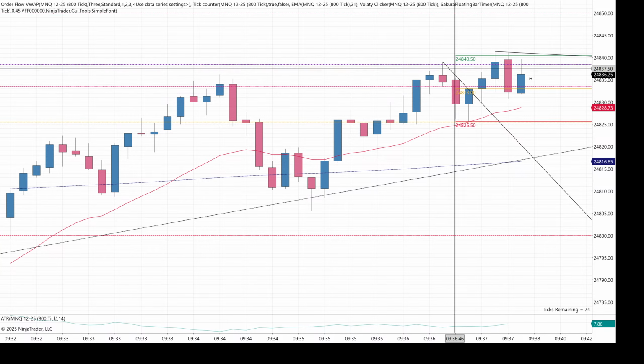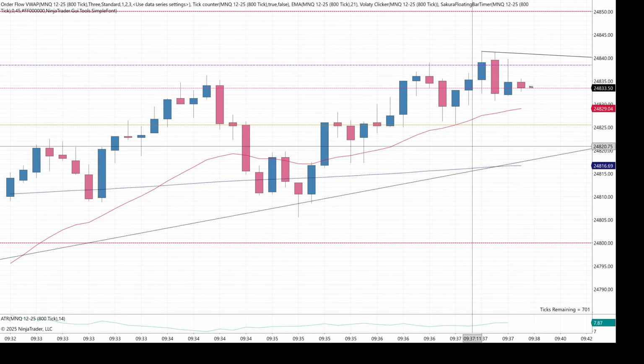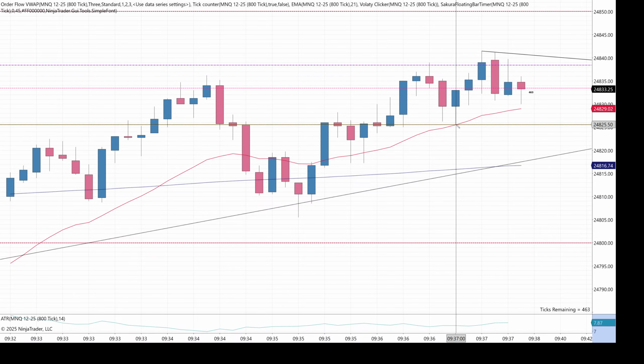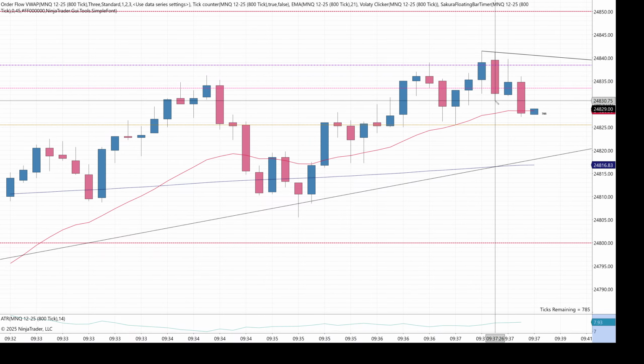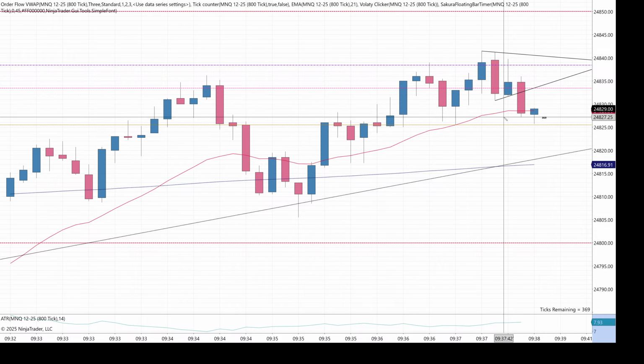Downward trend line here. And let me draw my upward trend line. This is a bearish trigger, but golden ruler is right there.